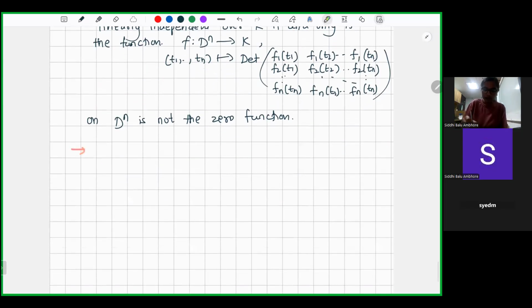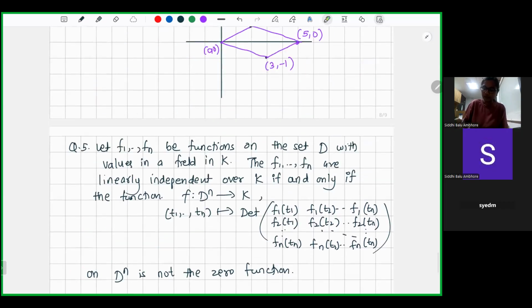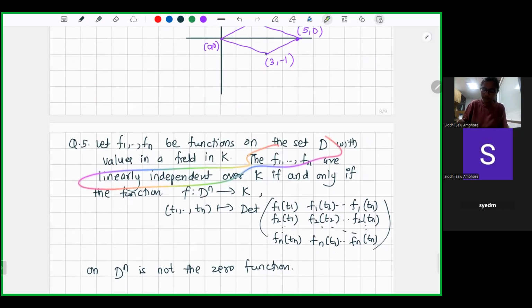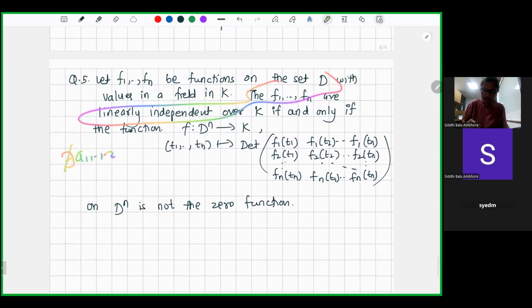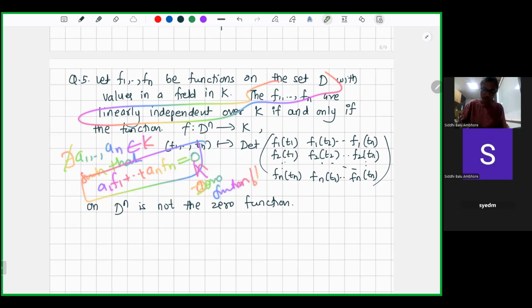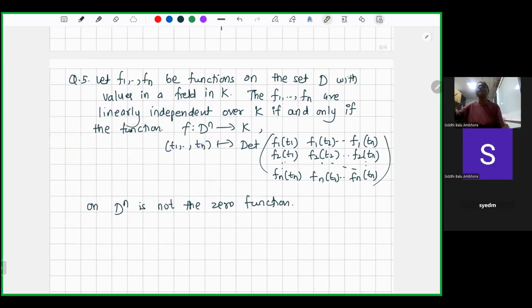I hope you remember that f1 to fn being linearly independent means there does not exist any a1 to an in K such that a1 f1 plus ... an fn will be 0. This 0 here is the zero function. That is, for any element from D, the function takes value 0.